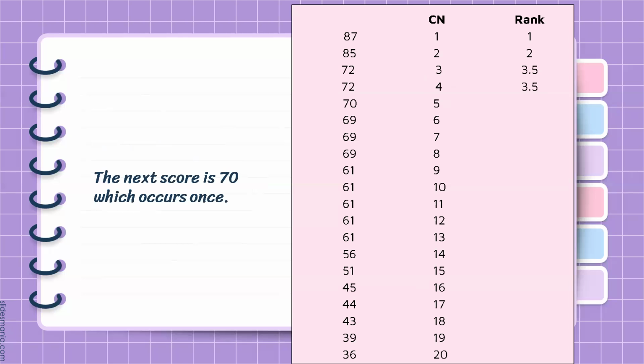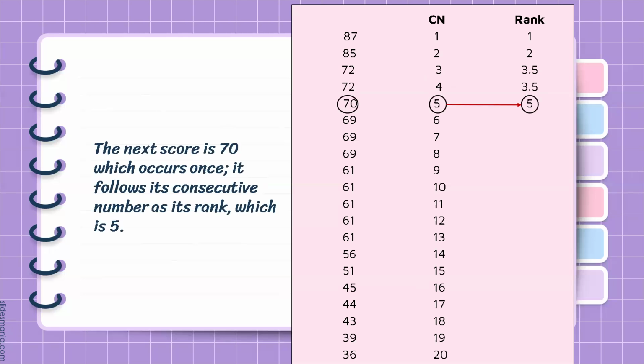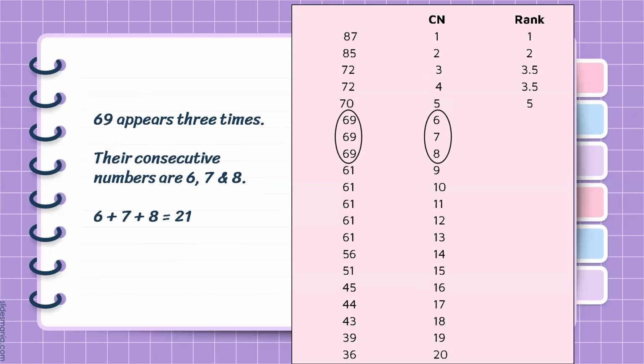The next score is 70, which occurs once. So it follows its consecutive number, which is 5. So the rank is 5. The next score is 69, which appears 3 times, and their consecutive numbers are 6, 7, and 8.